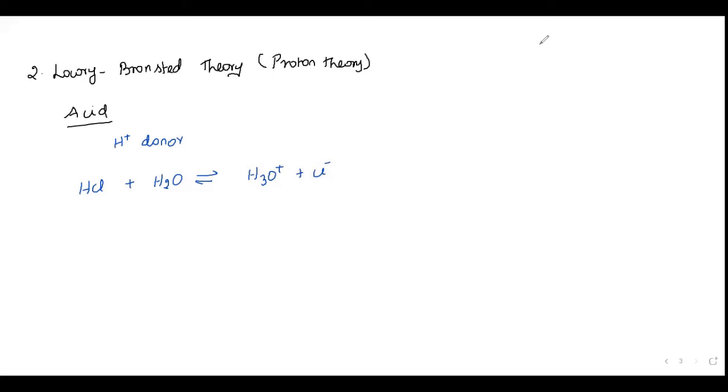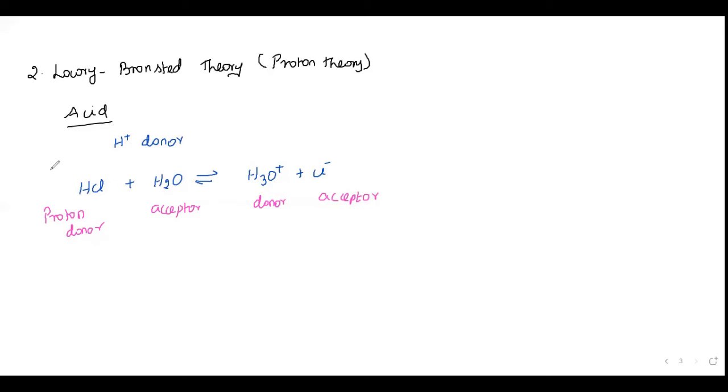Here HCl is the proton donor, H2O the proton acceptor, H3O plus is the donor, Cl minus is the acceptor.